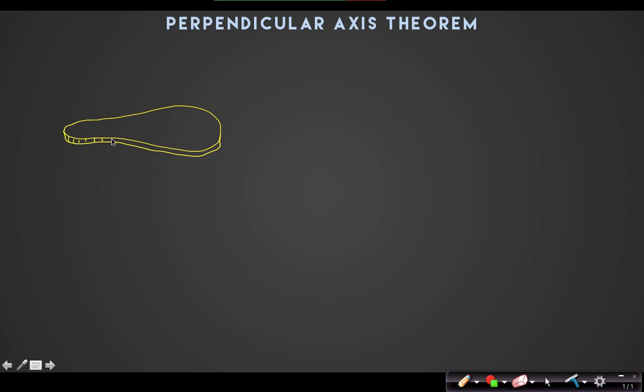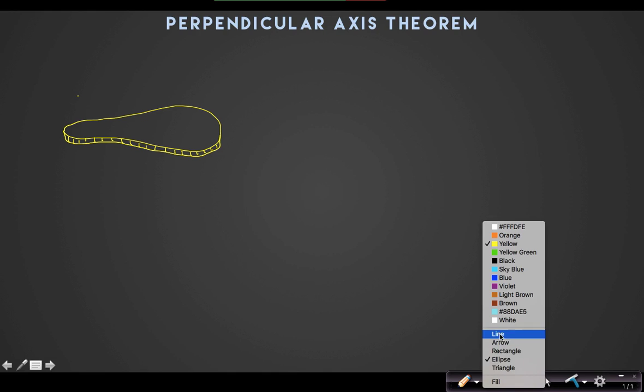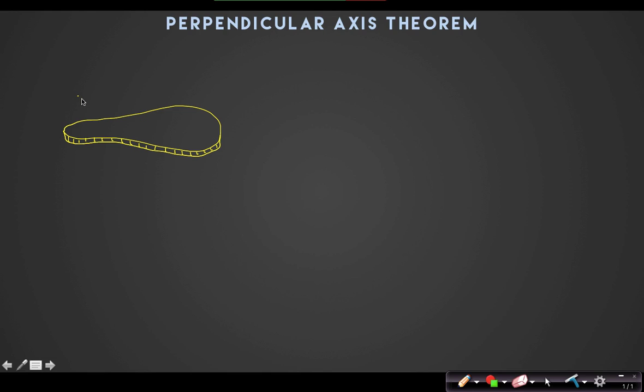So it is a body of negligible thickness. It means for spheres, it will not apply. Definitely not for a 3D body. Only for planar objects. Suppose this is my axis of rotation.